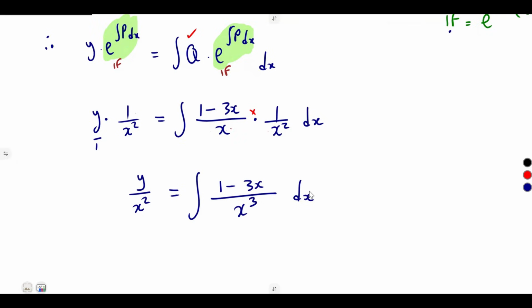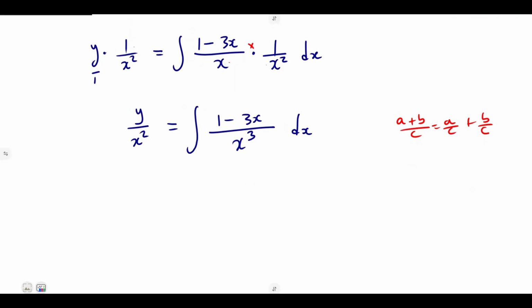Now that we have got this integration, we need to integrate. But the question is, is it possible for us to integrate this whole fraction as it is? It's going to have complications, but we can separate as we have got these two terms. We do understand (a plus b) over c is going to give us a over c plus b over c. So thus we can separate each and every term over x to the exponent of 3.